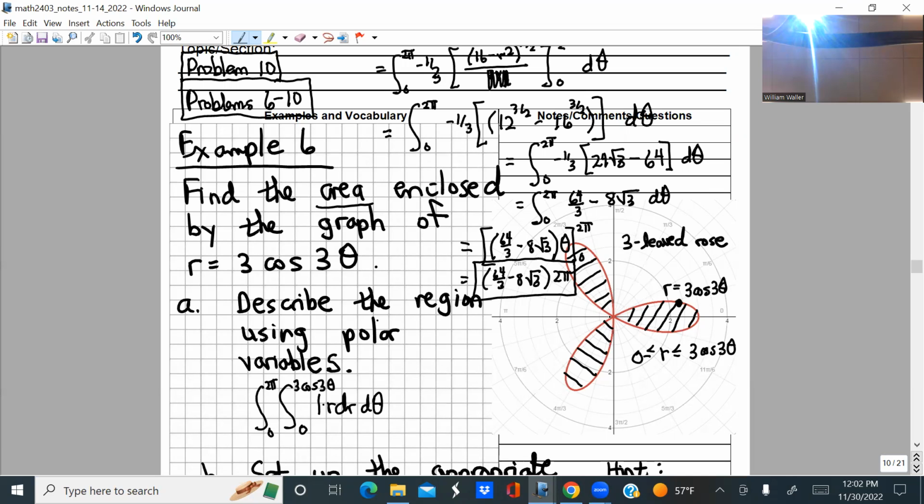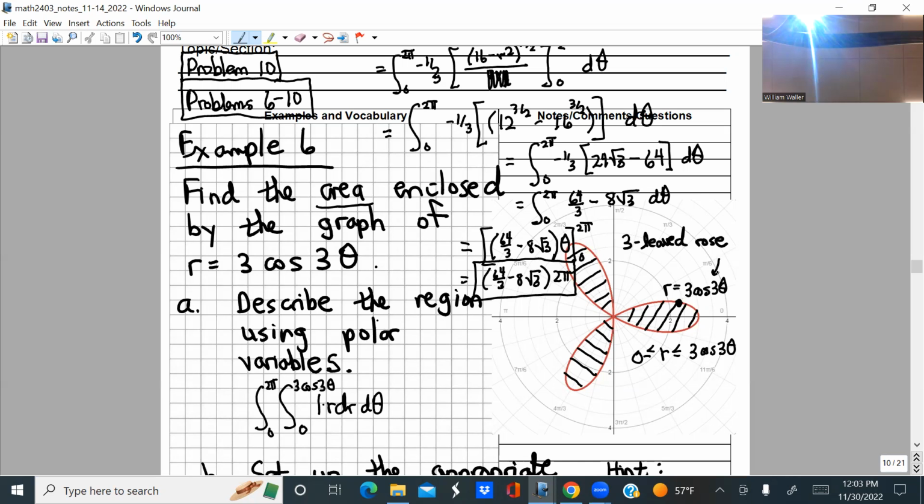With this curve, however, that unfortunately is a little bit too big. You do want to start at 0, but you don't need to go all the way to 2 pi to draw the entire curve. The problem is the 3.